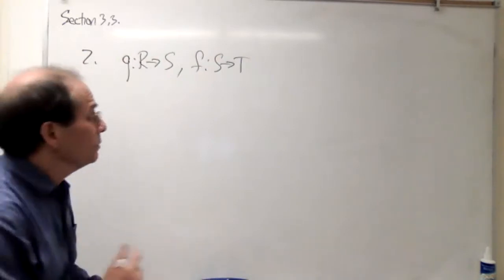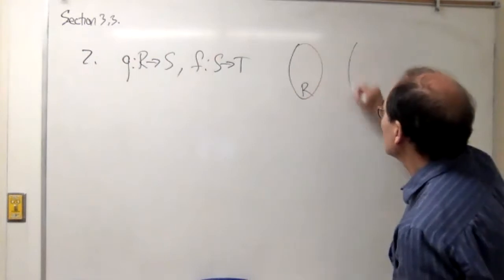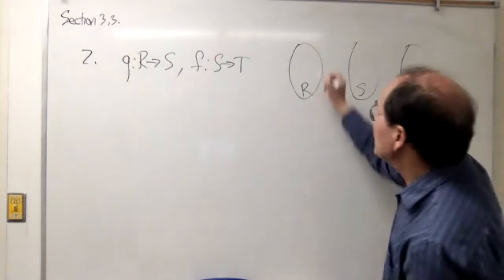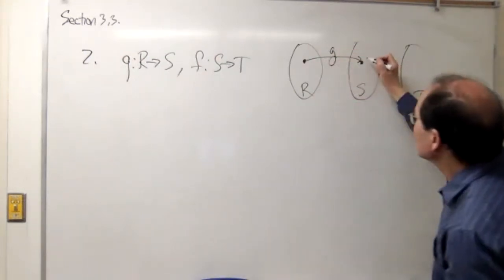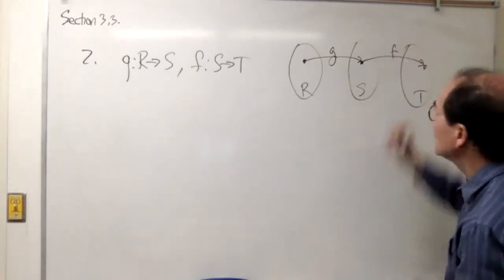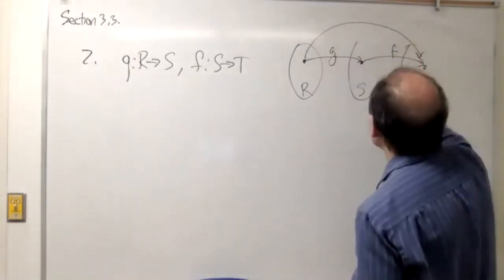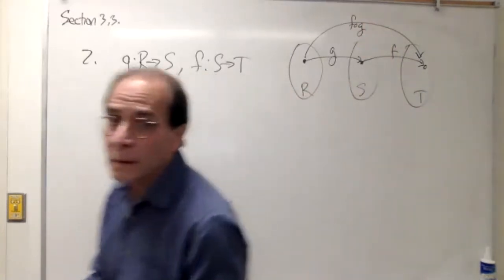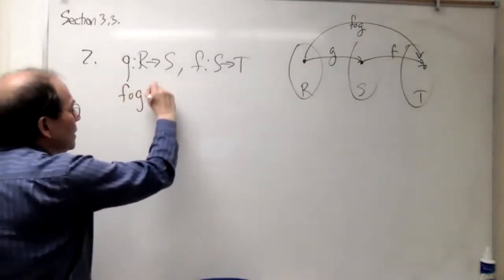And so the picture here is where we've got 3 sets, R, S, and T. G is mapping things from R to S, and then F is mapping things from S to T. And then the composition is going to be this function here, F composed with G. So F composed with G is going to go directly from R to T.